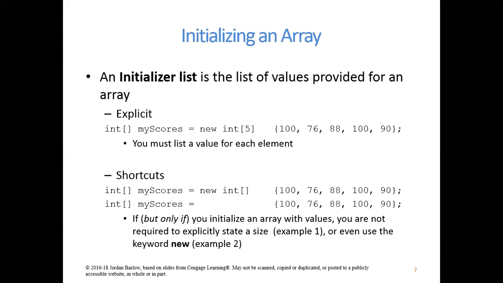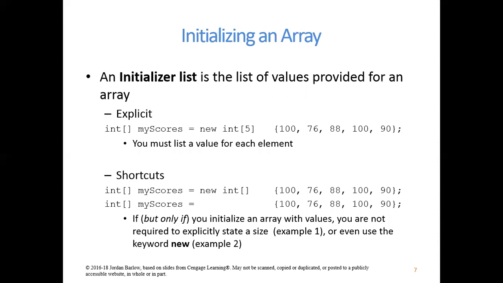Now, an initializer list is the list of values provided for an array. So if you don't want to start with an empty array, if you want to give it specific values at the time you declare and create your array, you can put those inside of curly braces directly following the creation of the array. And I've also given you some shortcuts.